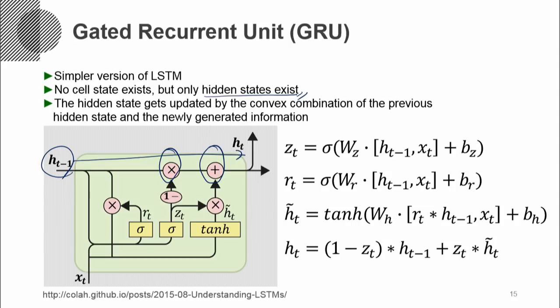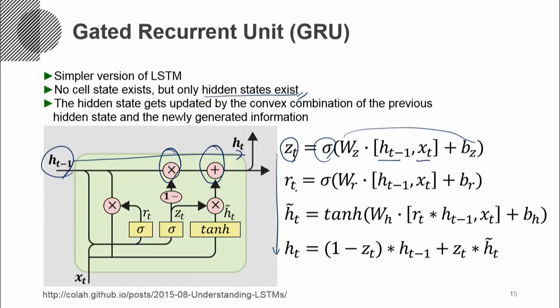Now let's go through how the current hidden state information is generated. The first one, ZT, can be considered as the input gate. Using the previous hidden state and the current input vector, we go through some linear transformation and then the sigmoid nonlinear transformation, which generates a signal ranging from 0 to 1 that works as a gate or filtering operation.